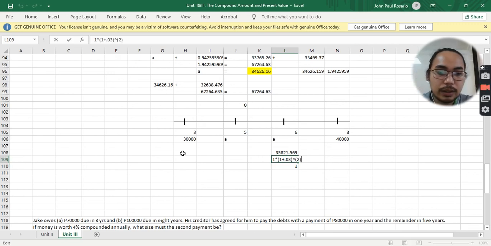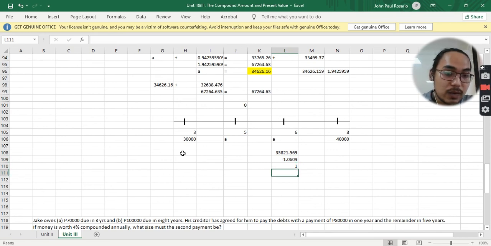Okay, raised to the power of 2. Equals. Okay, and then for our 40,000, we have to go backwards from year 8 to year 6. So that should give us 40,000 times 1.03. We raise that to negative 2 years. 2 times 2, that's 4 years, 4 compounding periods.